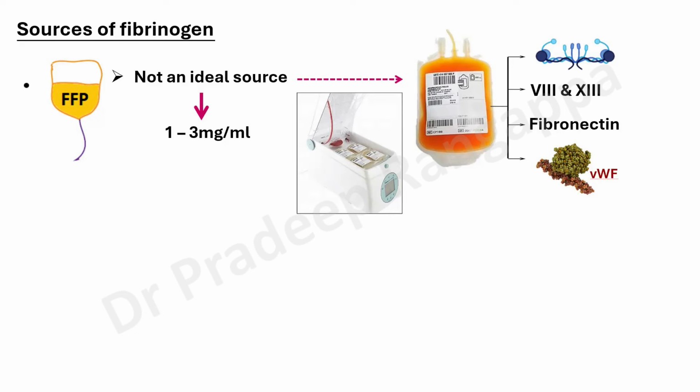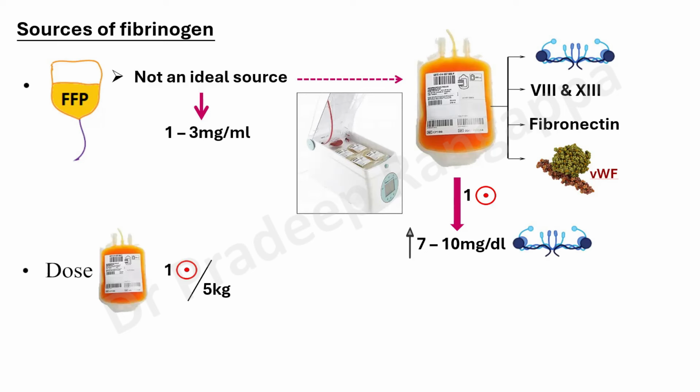If we give 1 unit of cryoprecipitate, it increases fibrinogen by 7 to 10 milligram per deciliter. So if you have to increase by, say, 100 mg per deciliter, then you have to give 7 units or more. So you can remember that 1 unit gives a 7 to 10 milligram per deciliter rise in the fibrinogen levels.